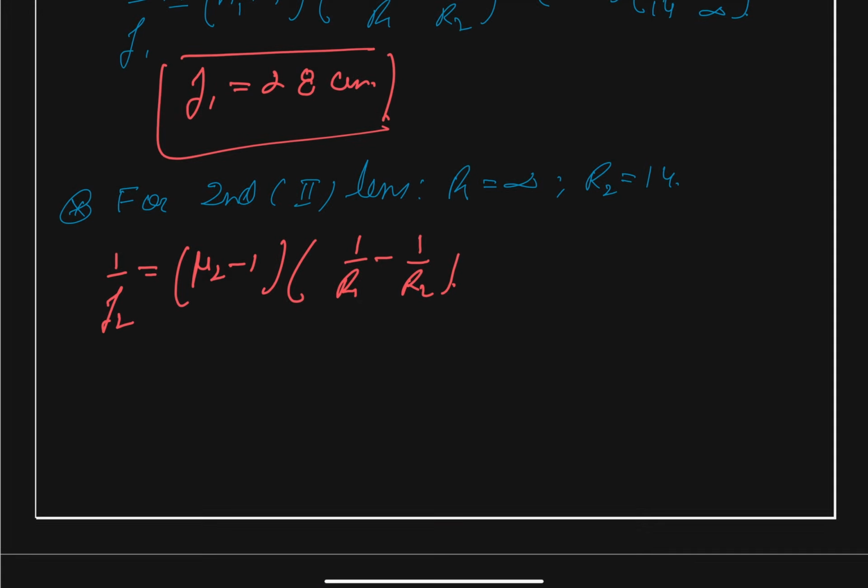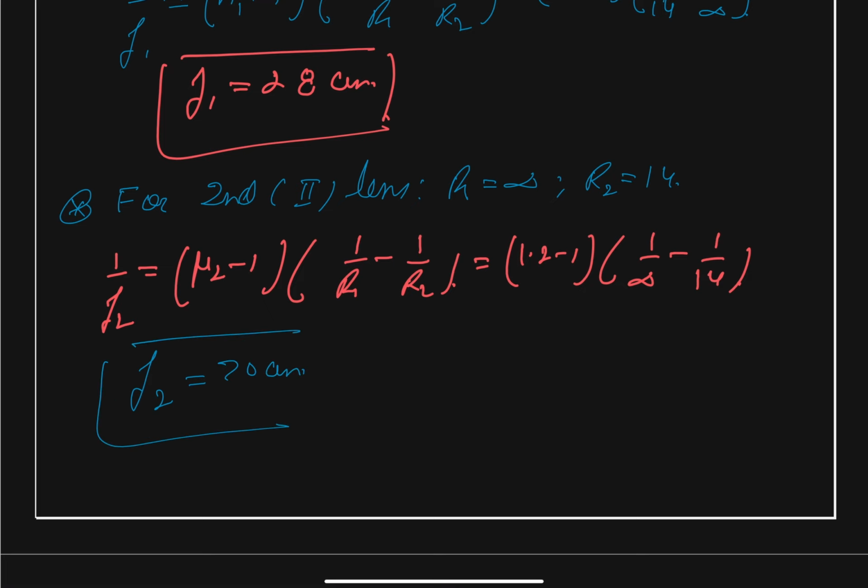So we substitute the values and we get this as 1.2 minus 1, 1 upon infinity minus 1 upon 14. So this gives us that our f2 will be equal to 70 centimeters. So we found out f1 and f2. Now we can find out their combined focal length.